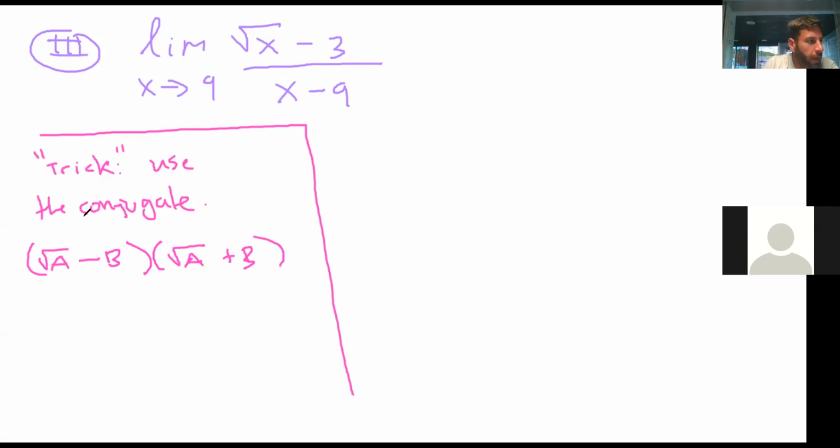And if you multiply this out, what you'll notice is something very nice happens. Square root of A times square root of A is A, the square root squared. And then the middle terms, what you'll notice is these middle terms add up to 0. This and this equals 0.